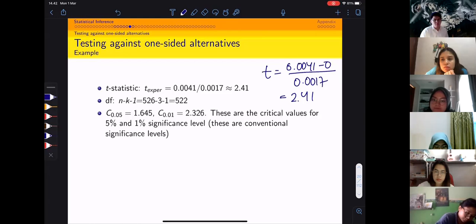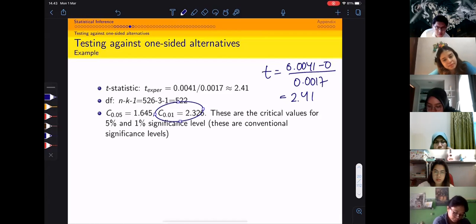Now, the next thing that you'd like to do is determine the critical value. We can determine several critical values depending on the significance level. You have a critical value when the significance level is 0.01, which is 1%. You have a critical value when the significance level is 5%.